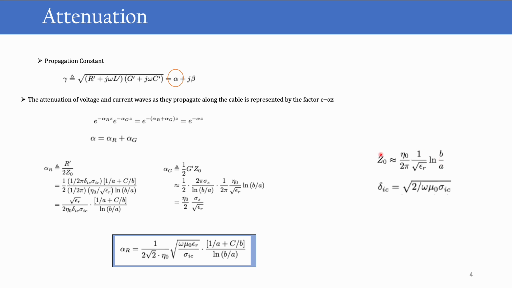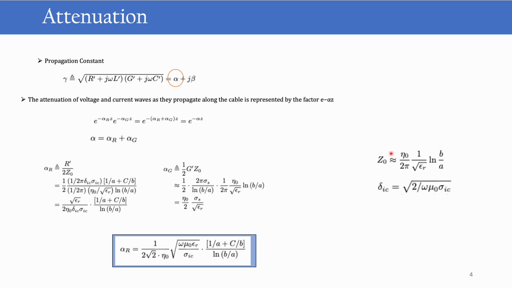Here we can see that our characteristic impedance depends upon the inner and outer radius, and our aim is to find out for what value of z0 the attenuation will be low.